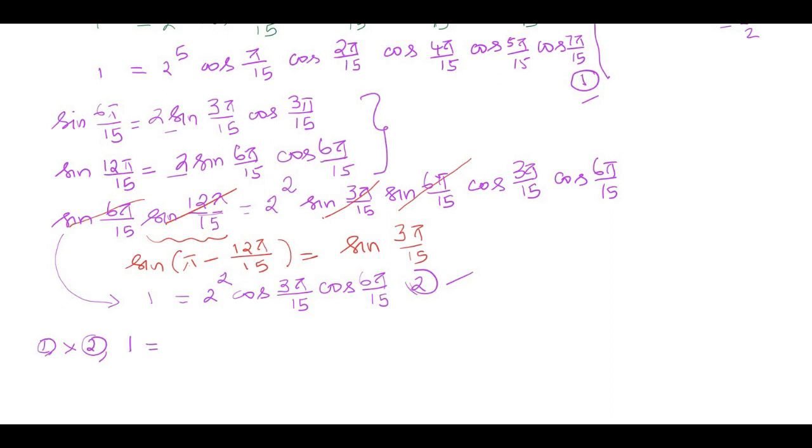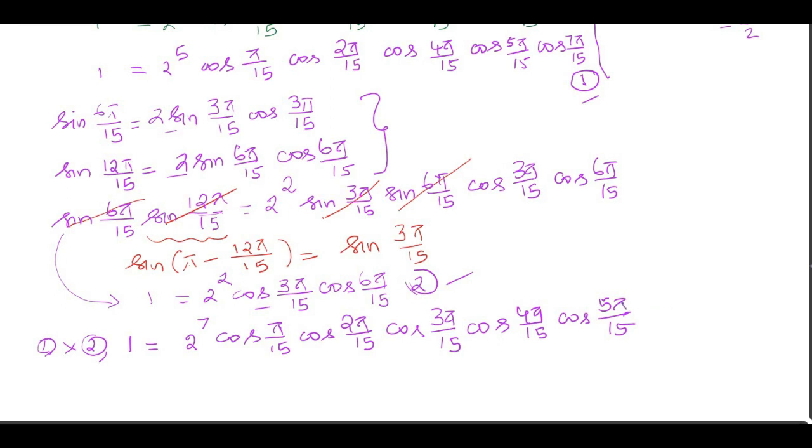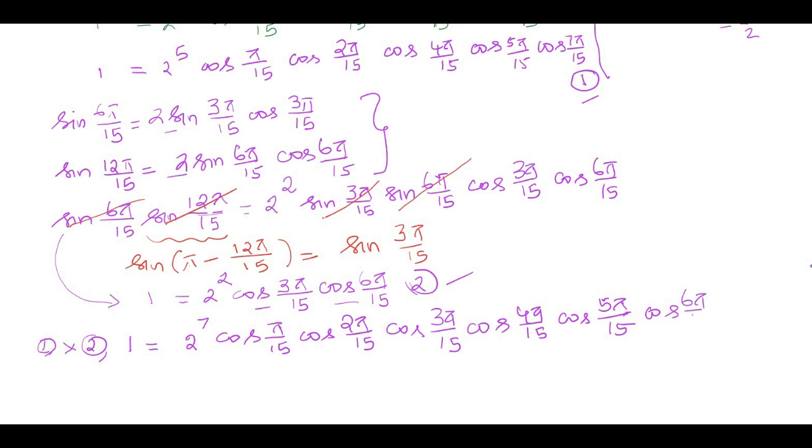So 1 is equal to 2 power 7 cos pi by 15, cos 2 pi by 15, cos 3 pi by 15 is here, cos 3 pi by 15, cos 4 pi by 15, cos 5 pi by 15, okay, 5 pi by 15, cos 6 pi by 15 is here, cos 6 pi by 15, of course cos 7 pi by 15, cos 7 pi by 15. Is it clear?